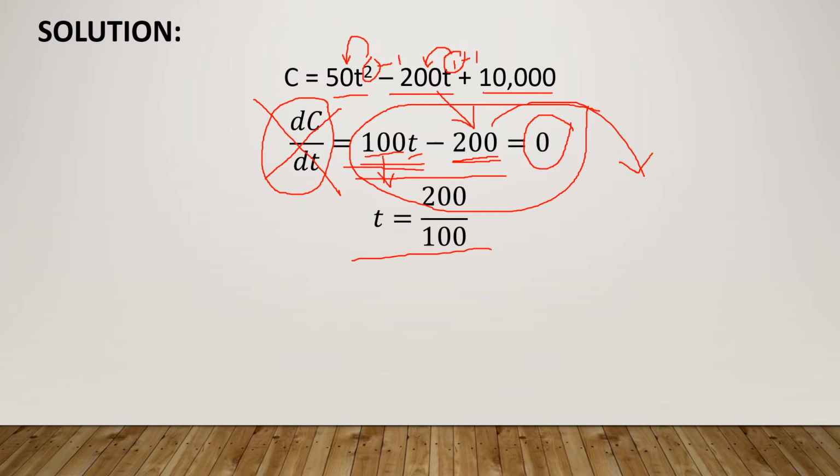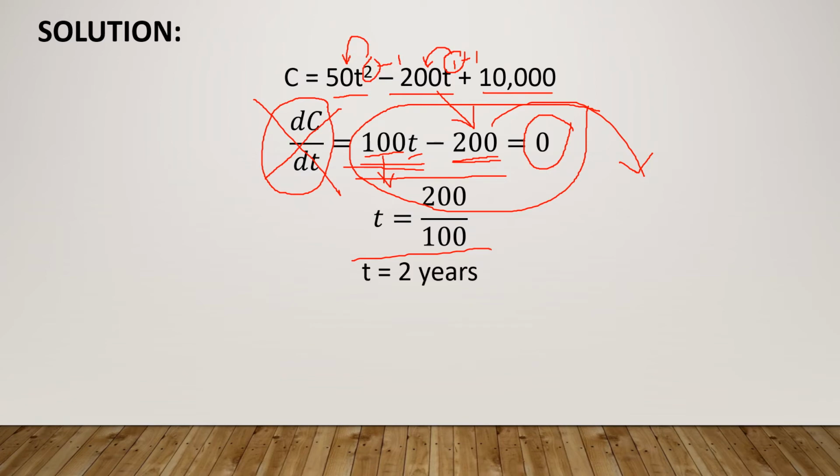So we change the sign from negative to positive, and we divide both sides of the equation by 100 for us to cancel out the numerical coefficient under your t, and for us to have only the variable t on the left side of the equation. So that will be equal to 200 over 100.